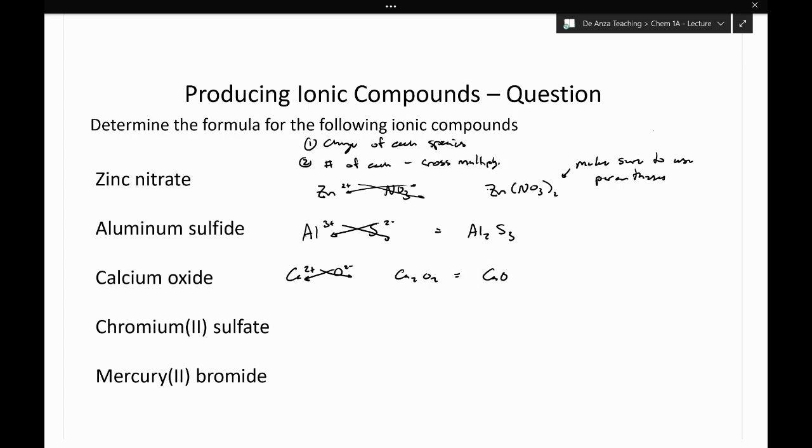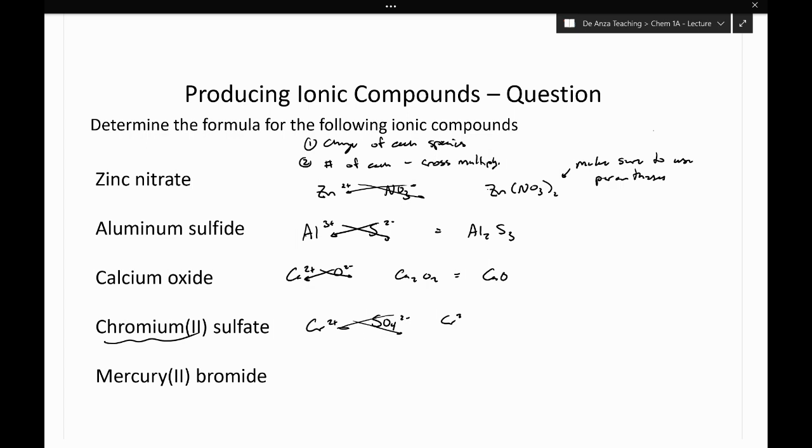This next one, we have chromium(II) sulfate. So we see now we have a variable cation. So write Cr2+. We write down sulfate, which we can look up in our polyatomic table. We see that's SO4 2-. This is another one where we can cross multiply, and we see that we're multiplying everything by 2.